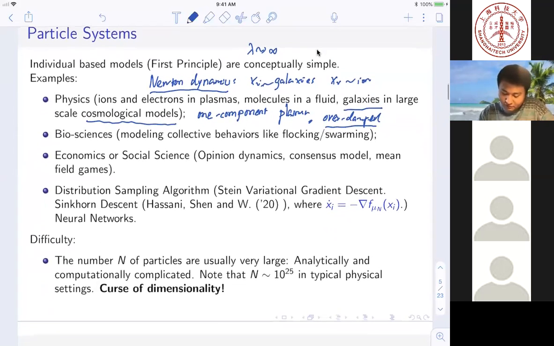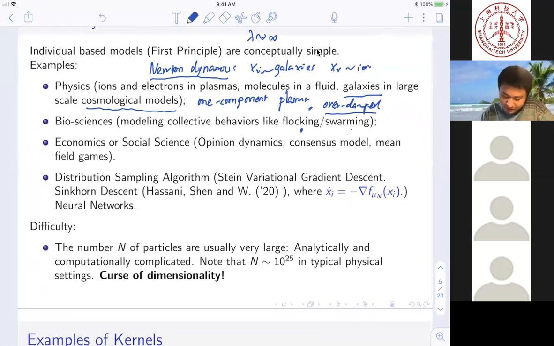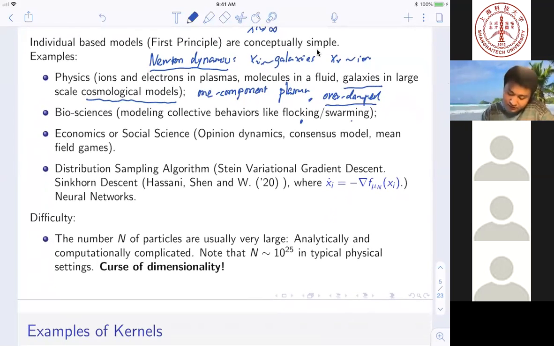Recently, there are a lot of similar interacting particle systems used in flocking and swarming models, right? You know this; I don't want to talk too much. Also, particle systems given by interacting particles can be used in sampling algorithms, to sample distributions. This is actually very popular now.